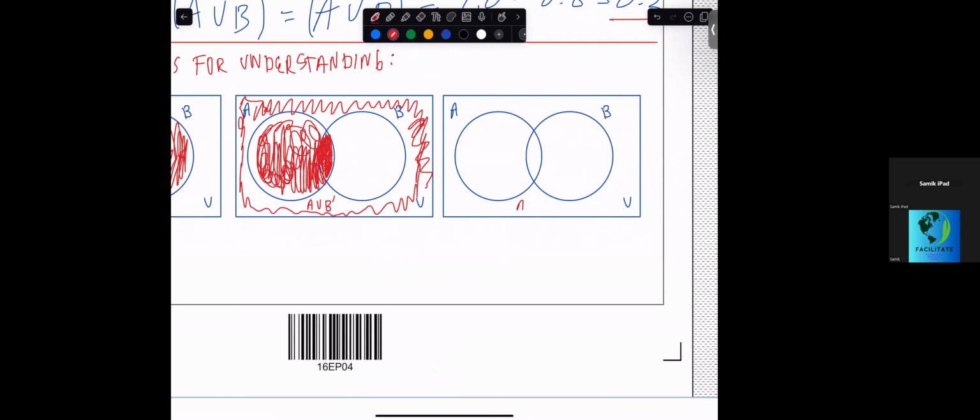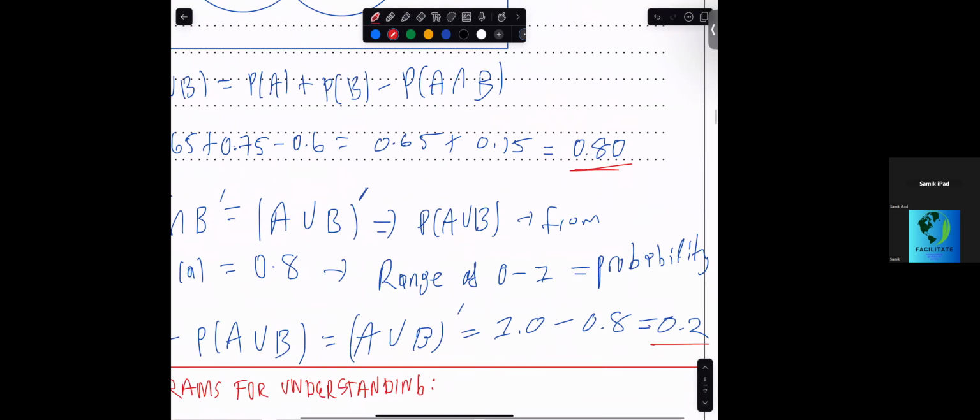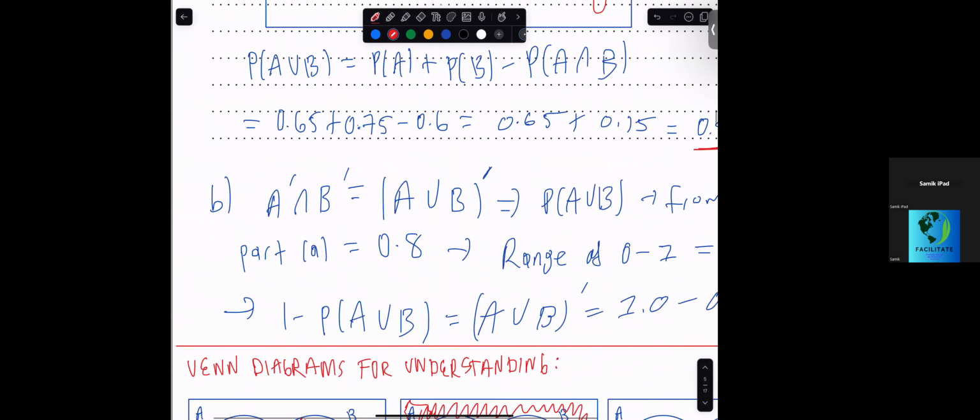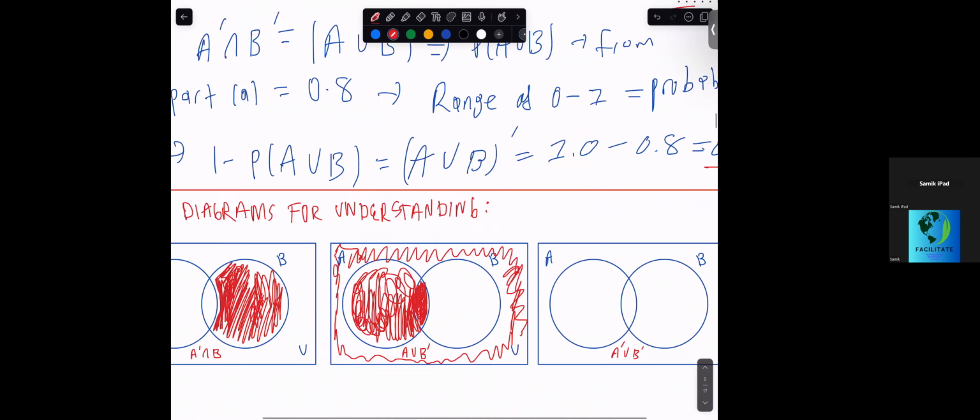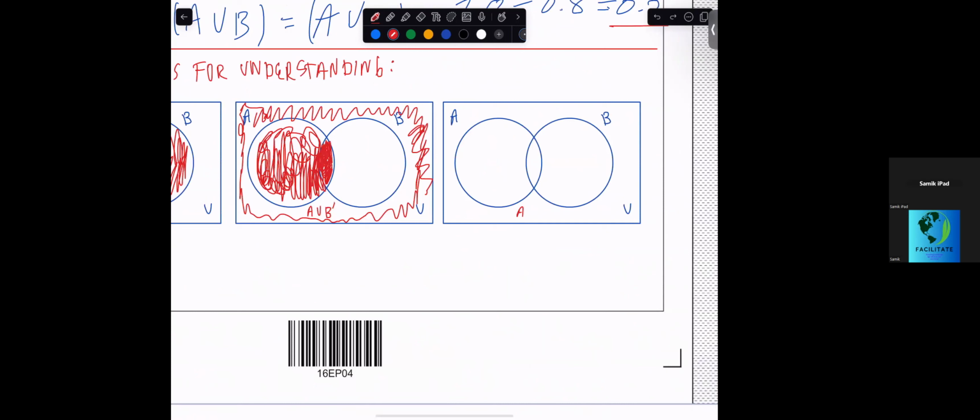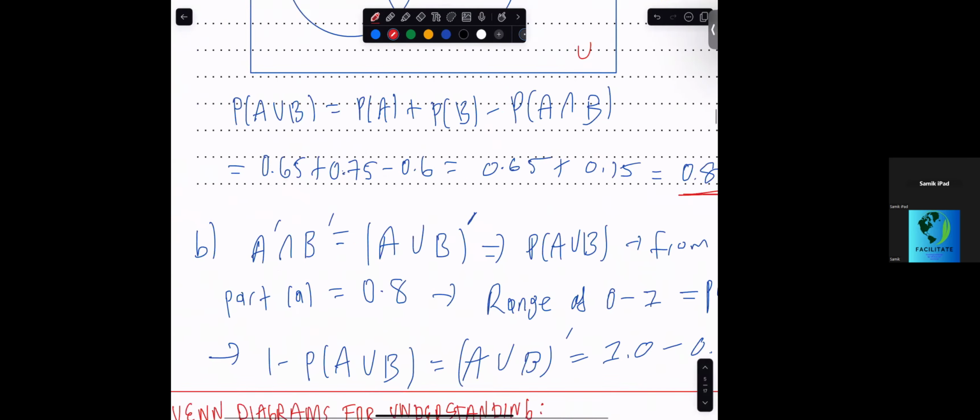So A dash union B dash. Now what is this essentially like in our question? We had A dash intersection B dash, right? Okay, let's do that one first instead because we had that in our question. Yeah. Okay. So this was our question.